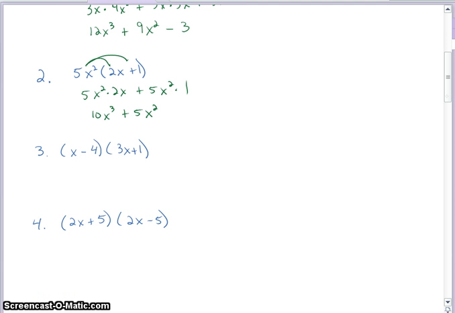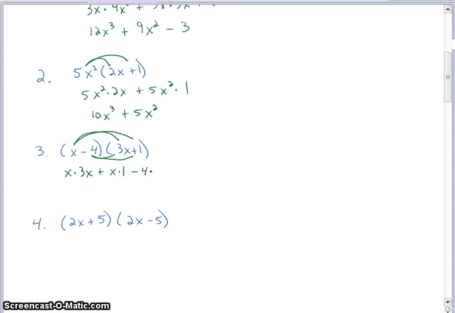Okay, now we've got two binomials that are being multiplied. So again, I need to distribute. This time I need to distribute the x to both parts. So I'm going to have x times 3x plus x times 1. And then I also have the minus 4 that gets distributed.